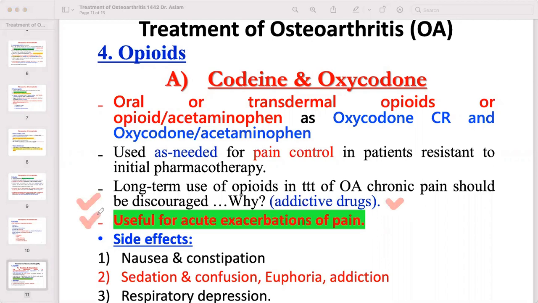If there is an acute attack of pain, then it should be recommended. Side effects include nausea and constipation, sedation and confusion, euphoria and addiction, including respiratory depression.